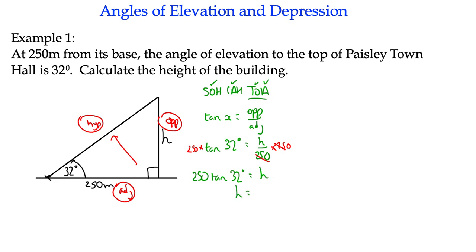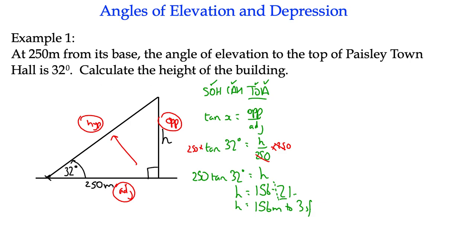If I go ahead and do 250 multiplied by tan of 32, then I get 156.21, and so on. What will I round it to? I could do it to one decimal place, or to 3 significant figures. The 2 tells me to round down to 156 metres to 3 significant figures.